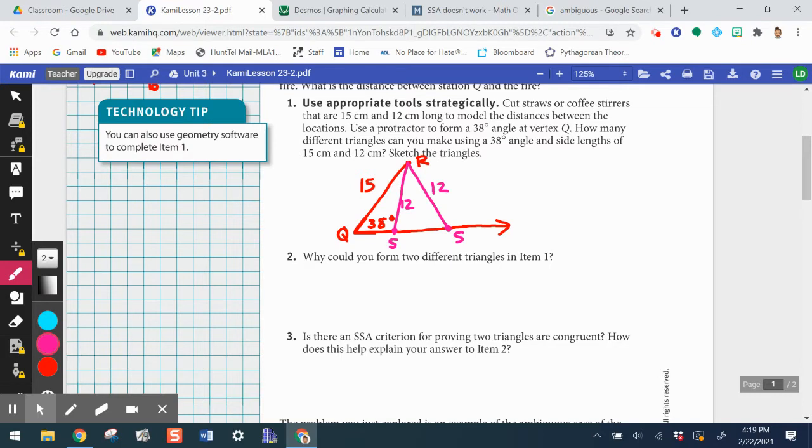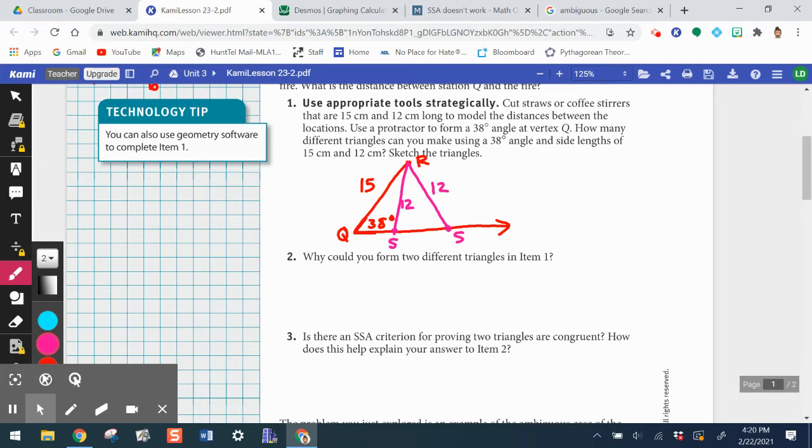So here's that ambiguous case. Angle S could be an acute angle, or it could be an obtuse angle. And so we're going to use the law of sines in both of those regards to figure out which of the two measures it could be. So for the sake of moving on, there's the ambiguous case.